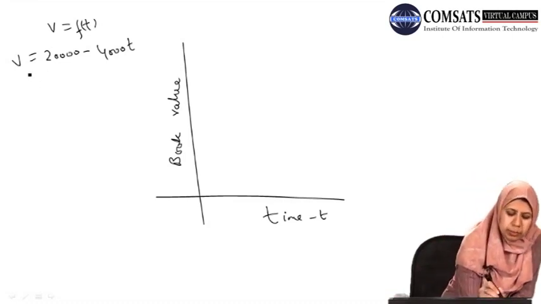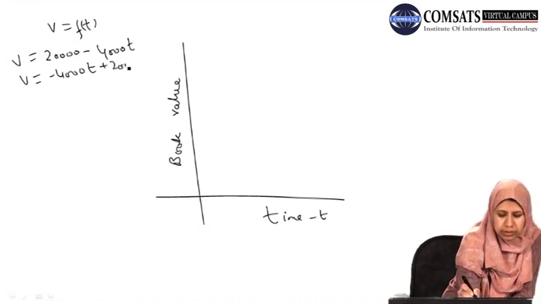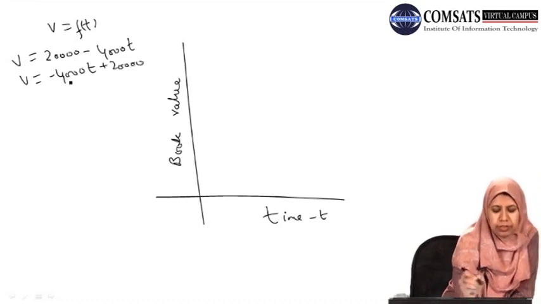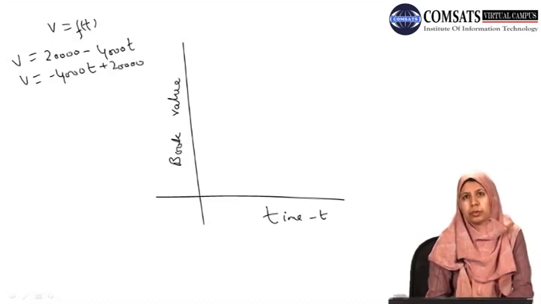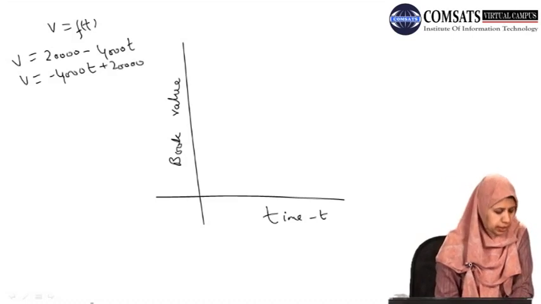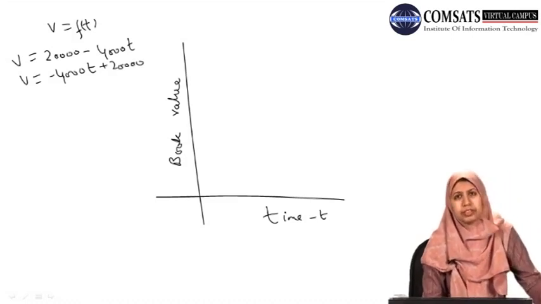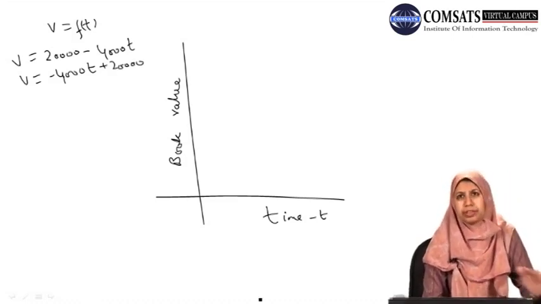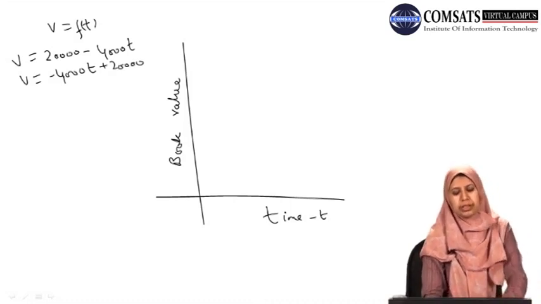If we write it in our proper slope intercept form, we obtain V is equal to minus 4,000 t plus 20,000, which means that the slope is negative. This minus 4,000 gives us the depreciation, which by definition should be negative.